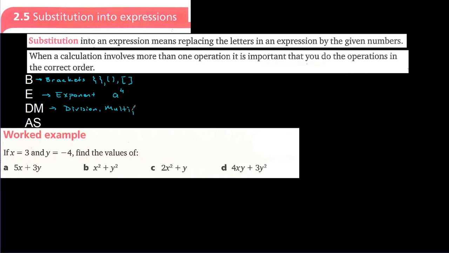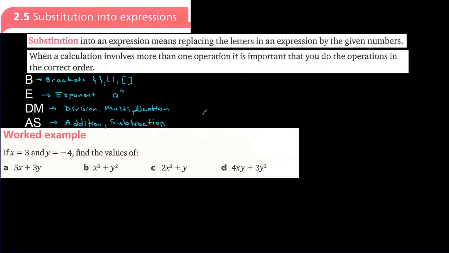The order of importance is also the same for multiplication, and then addition and subtraction. So we are going to be careful about the BEDMAS order as we said before.